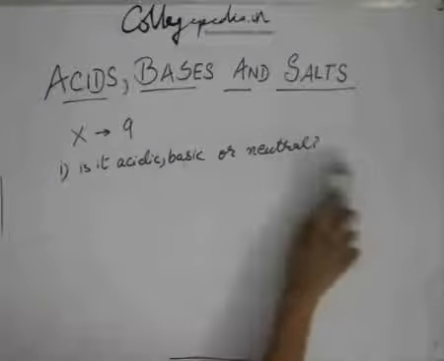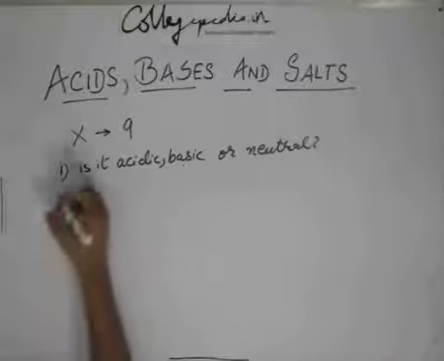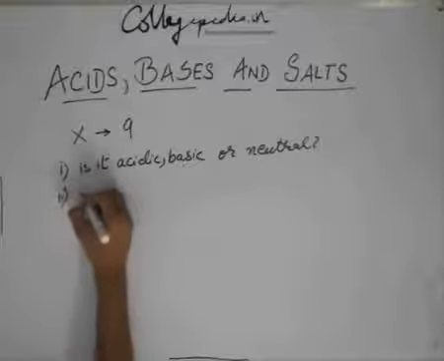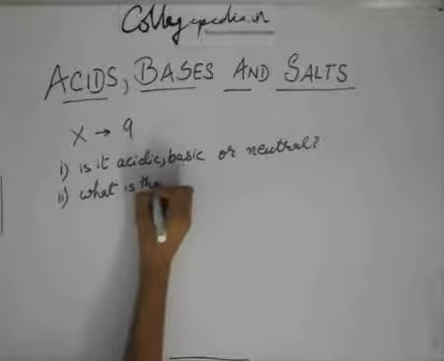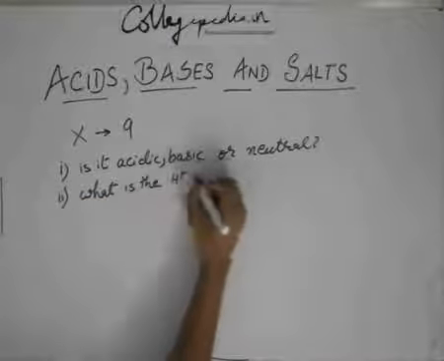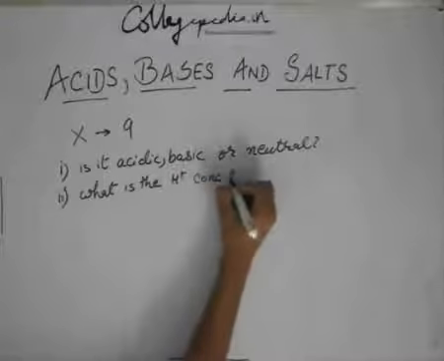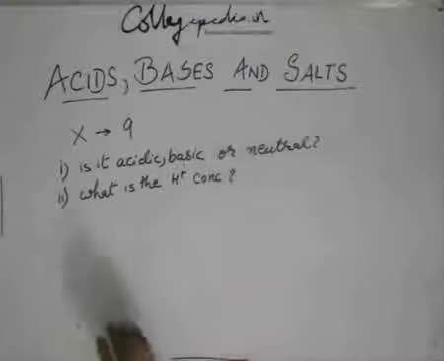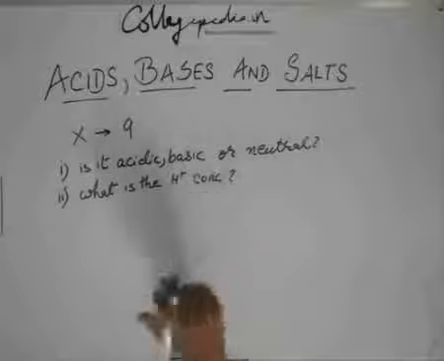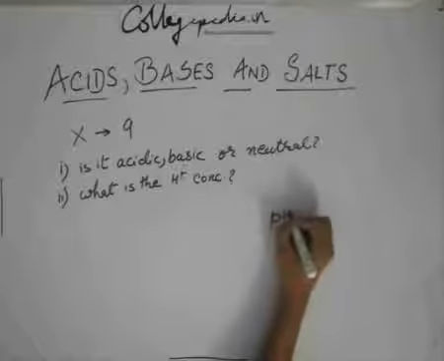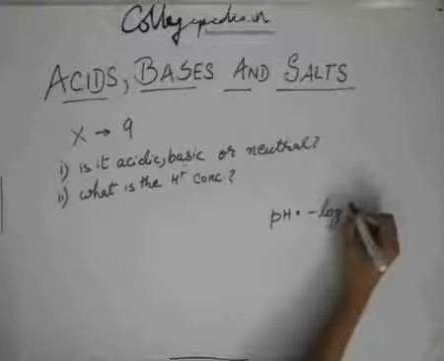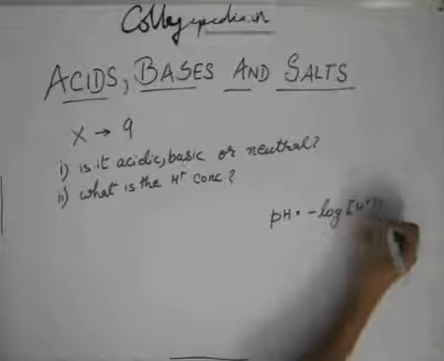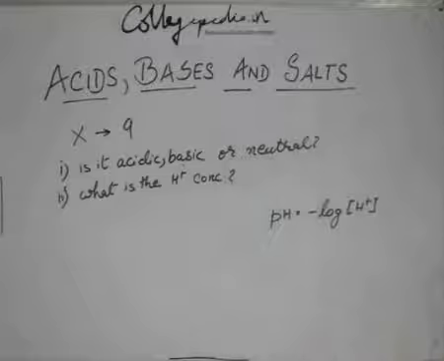Now the next question is, what is the H plus concentration? We have learned to find pH from the H plus concentration, that is pH is equal to negative of log of H plus ion concentration.